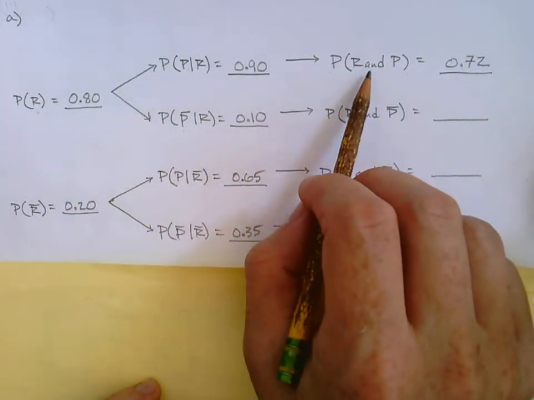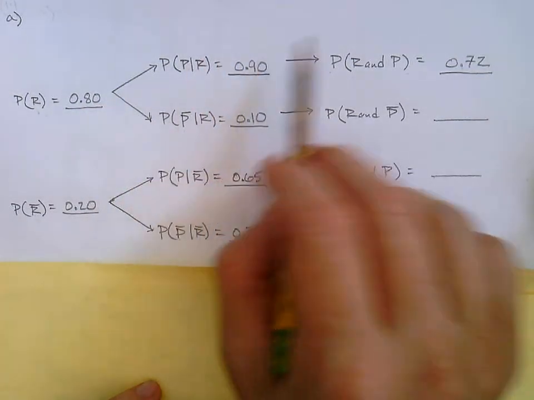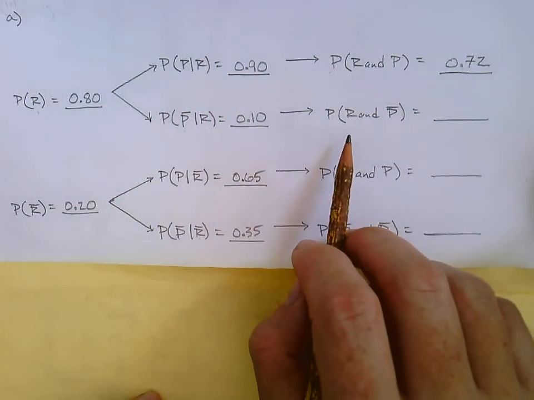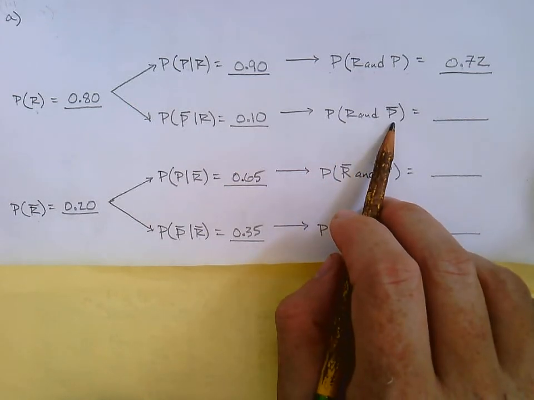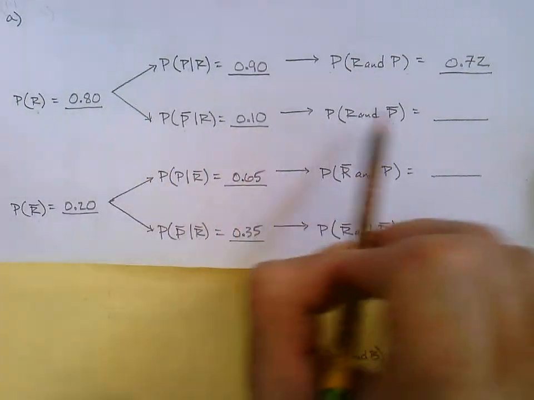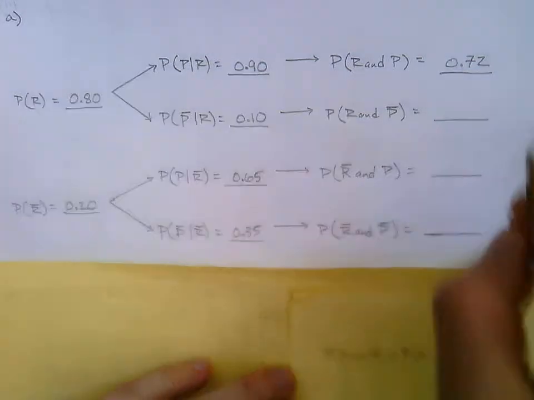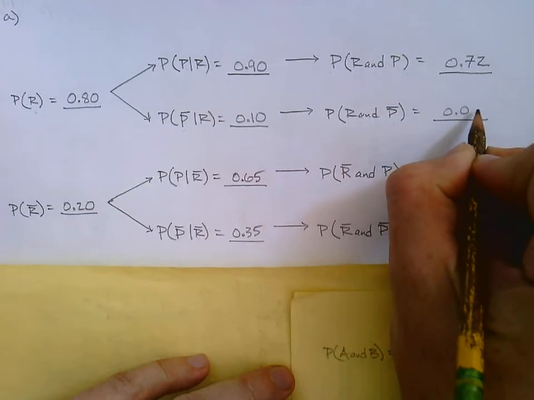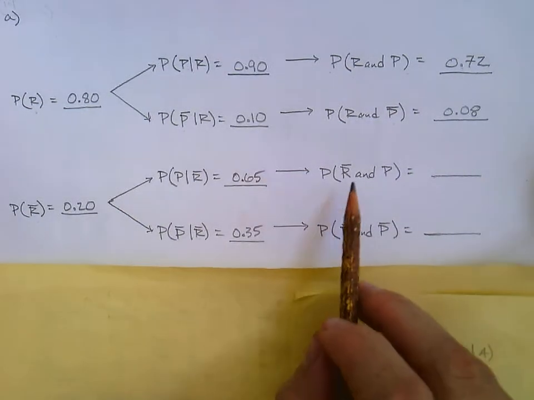And we can do that for each one of these. So to find this, we're always just going to look back and multiply the two numbers. 0.8 times 0.9 gives us this. Here, we've got went to the review and did not pass. Right? So we're going to take 0.8 times 0.1 and fill that in. That's 0.08. Okay. This one?